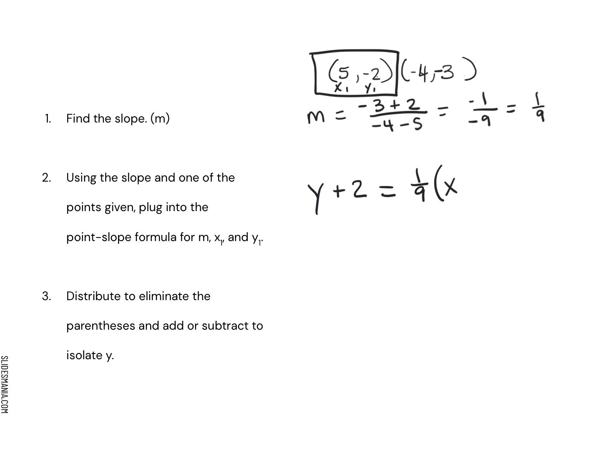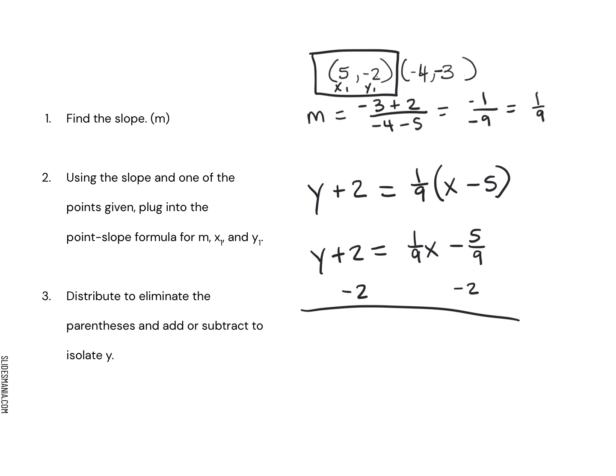So we have y plus 2, since it's minus negative 2 we'll make that plus, equals 1/9 times x minus 5. We will go ahead and distribute our 1/9, and we get 5/9 here. The last thing we want to do is subtract 2 from each side. When we subtract 2 from each side, we get y equals 1/9 x.